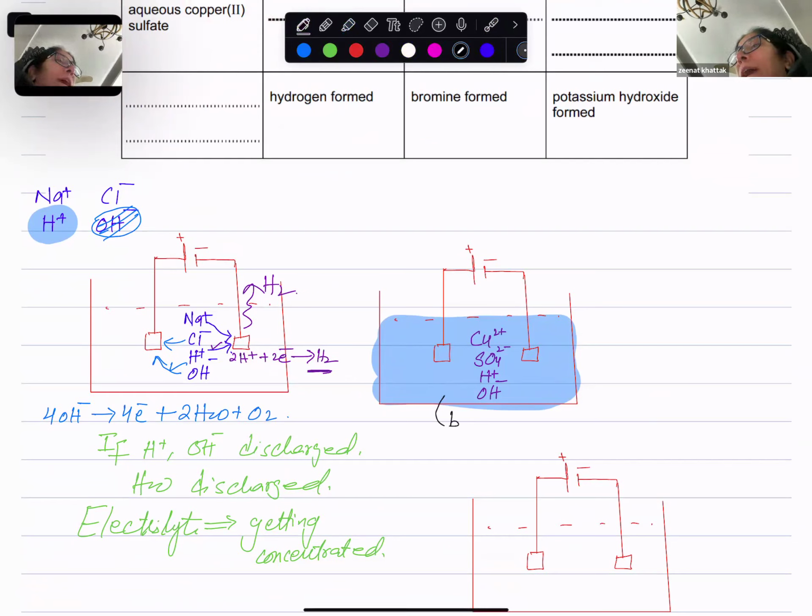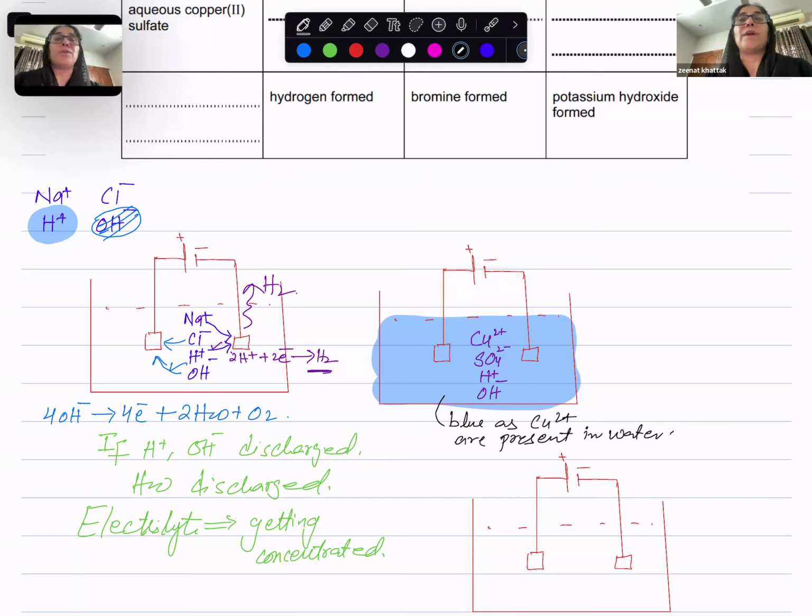Blue, as copper ions are present in water. If there are copper ions in water, it's blue. If the copper ions lower down, their concentration decreases, and the solution will turn from blue to colorless. It was blue because of copper ions, but if there are no copper ions, would it be blue or change to colorless?